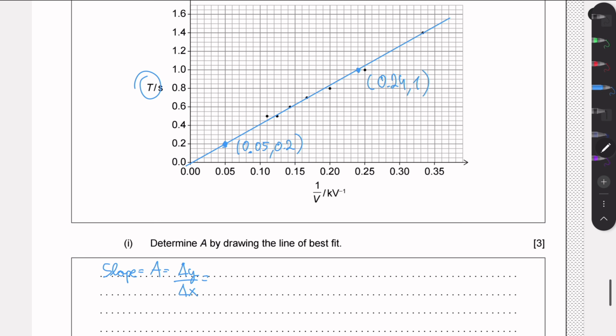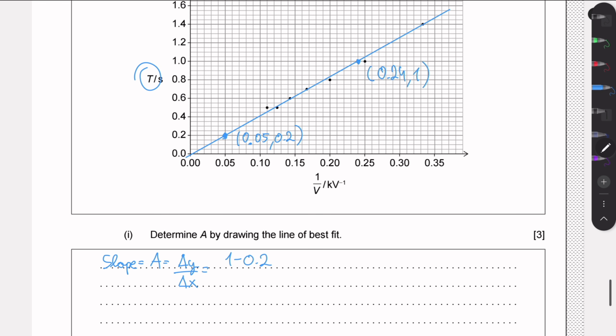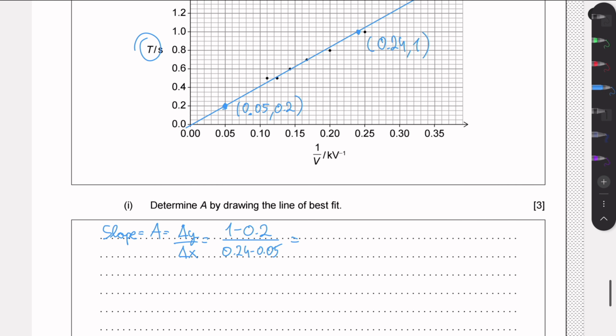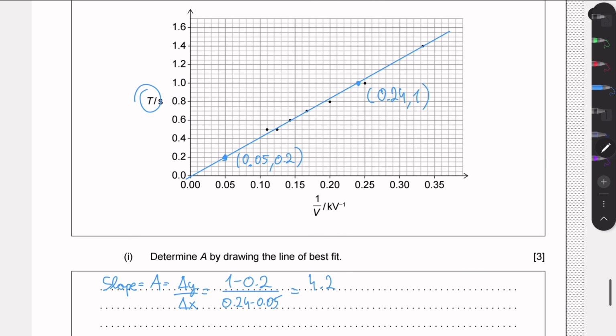So the change in y is 1 minus 0.2, and the change in x is 0.24 minus 0.05. So we have to divide this by 0.19. And well, if I do this, then I get 4.2 for a. Now the mark scheme says accept anything in between 3.8 and 4.2.